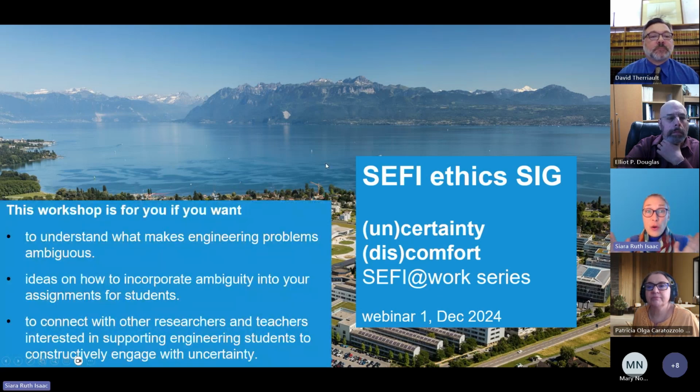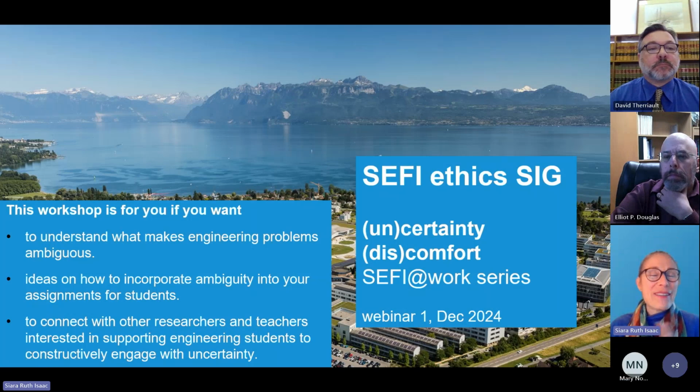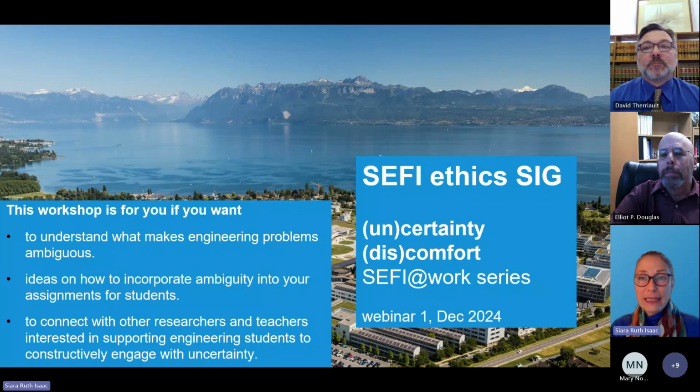The goals of this particular workshop are that our invited speakers, Elliot Douglas and David Therriault, will talk to you about what makes engineering problems ambiguous, and about how to incorporate more ambiguity into the types of assignments that you're giving to your students.